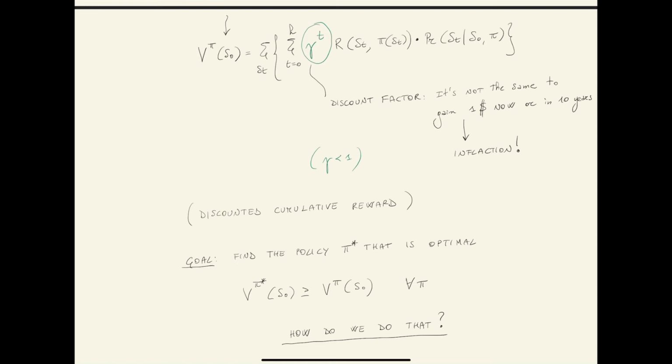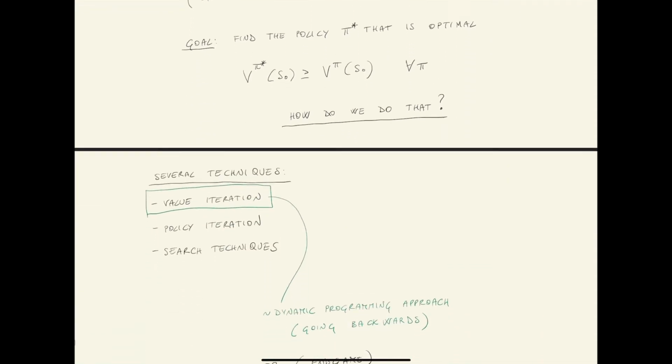That's the definition of optimal. How do we do that? How do we find pi star? Well, there are several techniques. I listed three of them here. So we have value iteration, policy iteration, and search techniques. But I'm going to describe only value iteration here, only that technique.